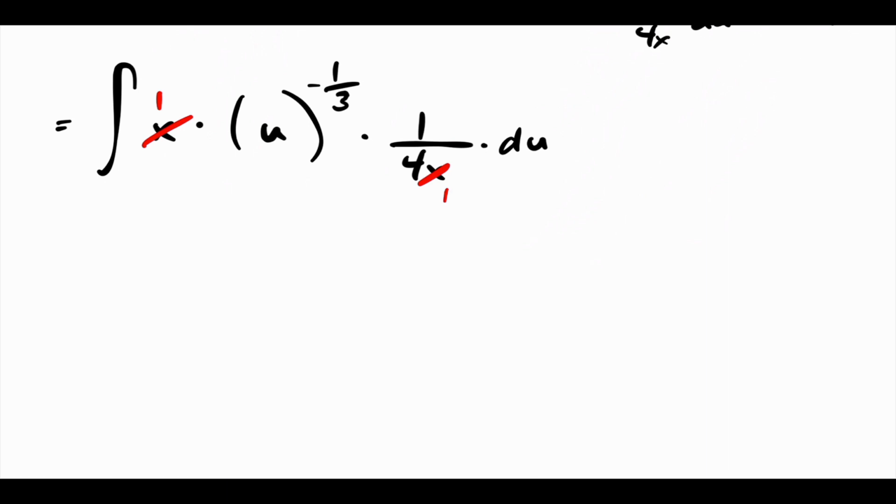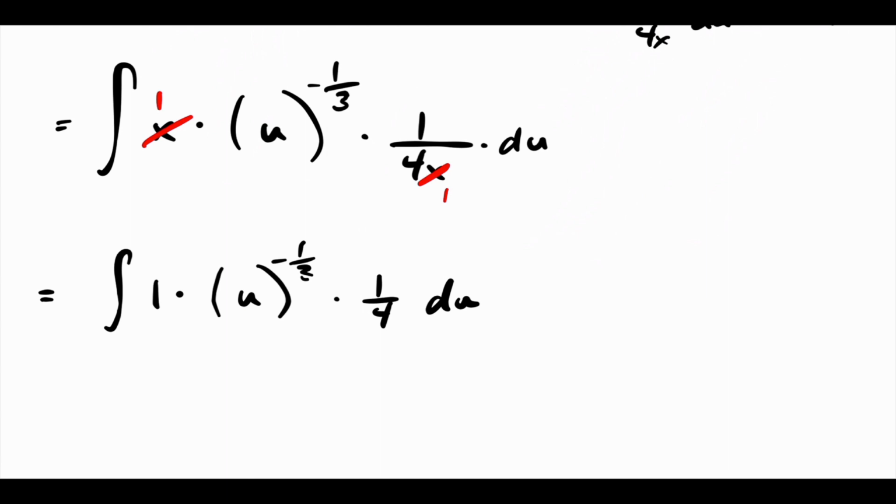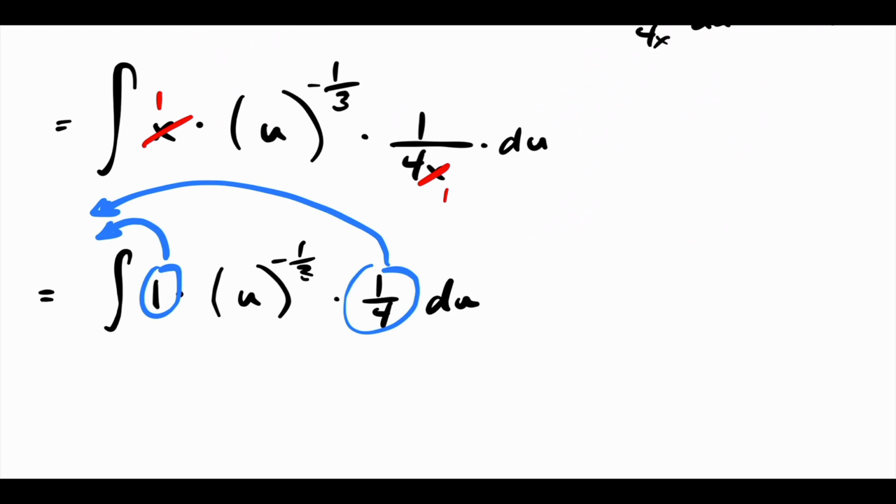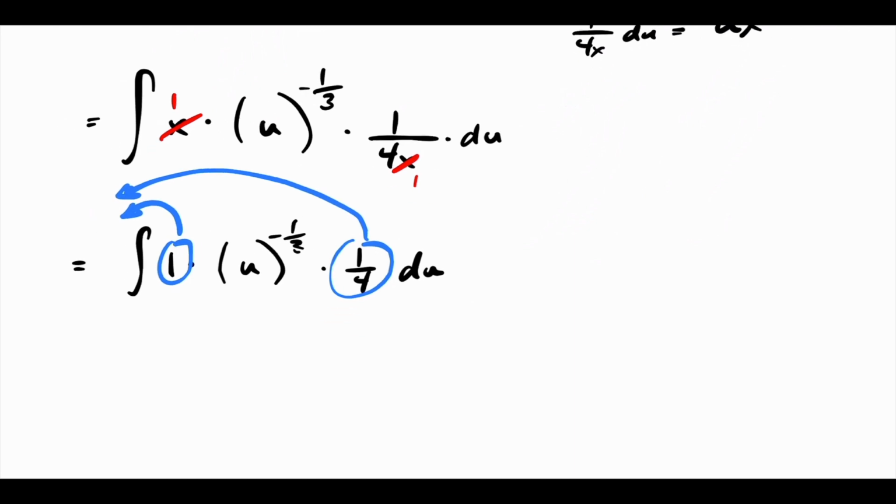They make ones. So now I have 1 times u to the negative 1/3 times 1/4 du. I can multiply these and move them forward, so I just get 1/4.